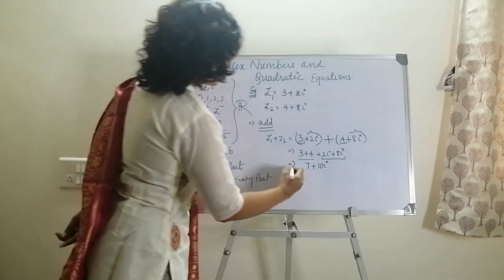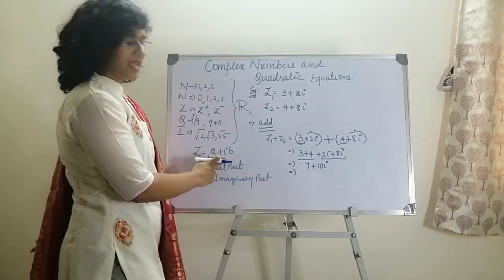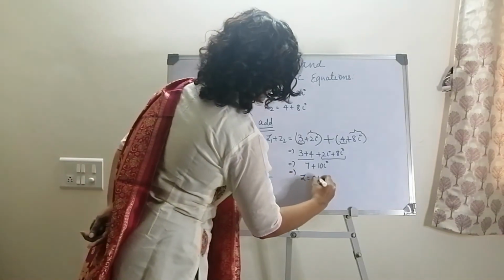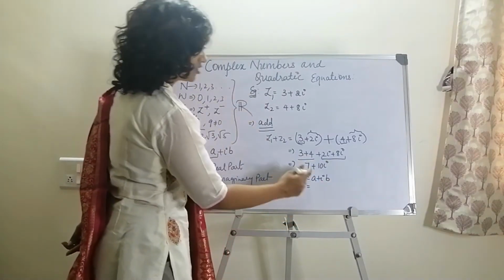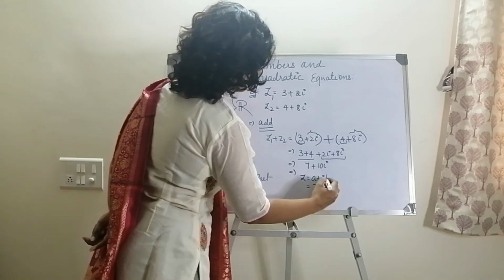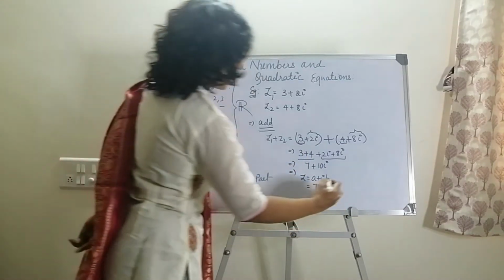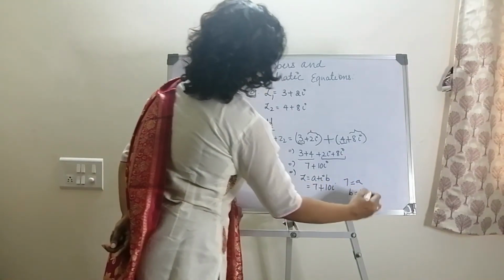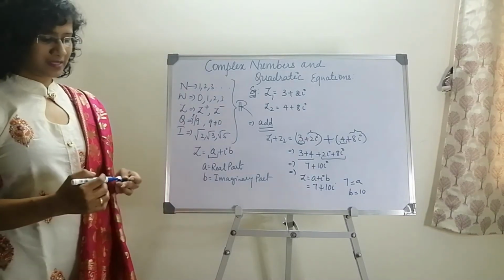So when I compare it with the general expression Z is equal to a plus ib, I have 7 in the place of a and 10i in the place of ib. Which means my real term is 7 and my imaginary term is 10. So it is of the form a plus ib.